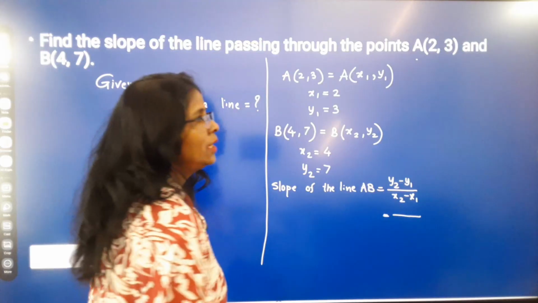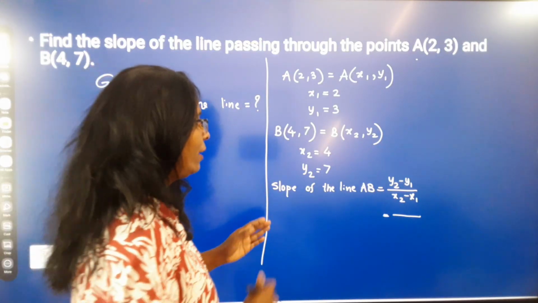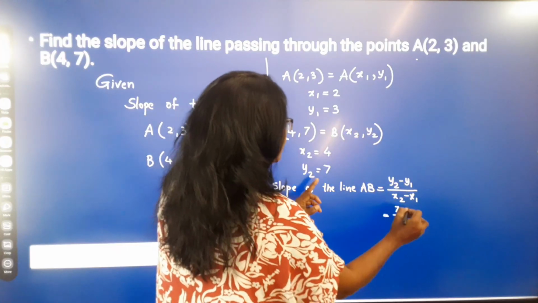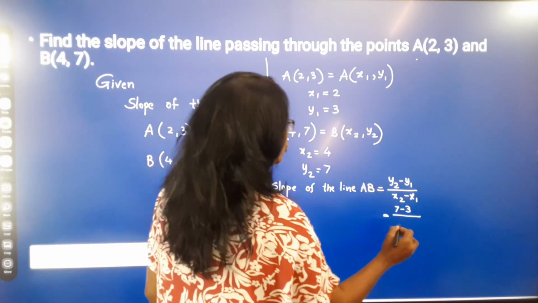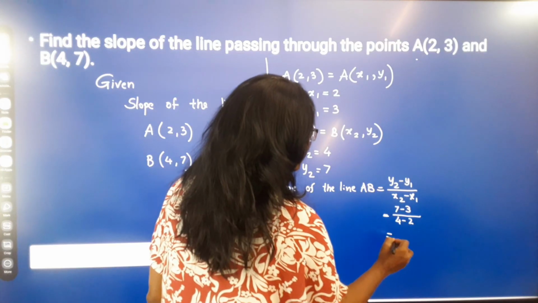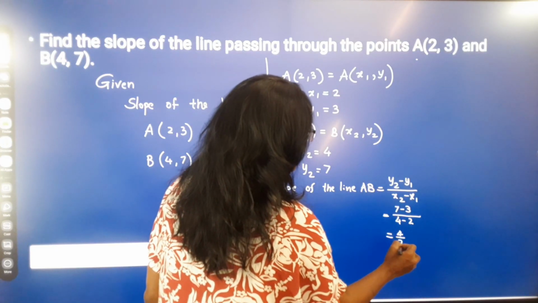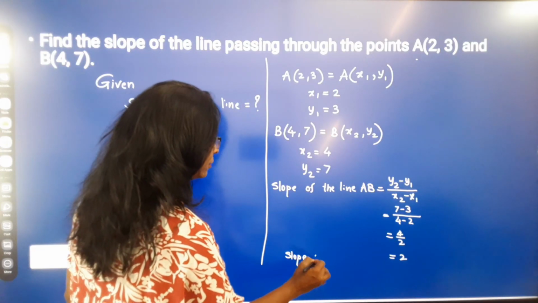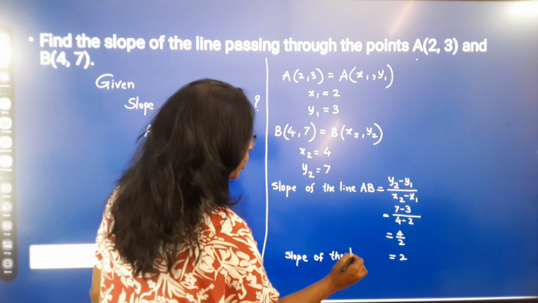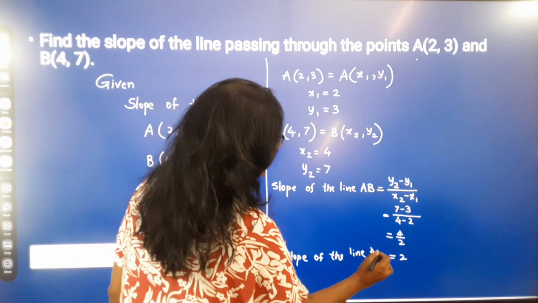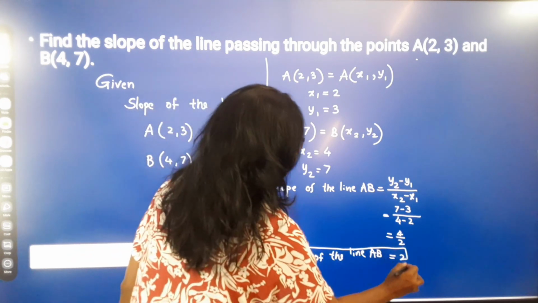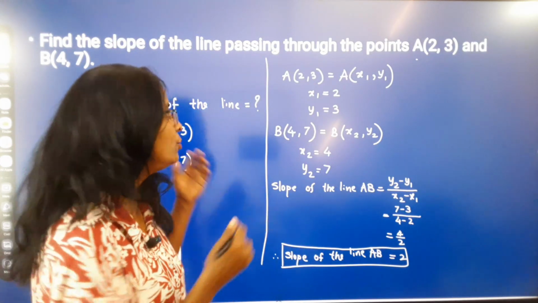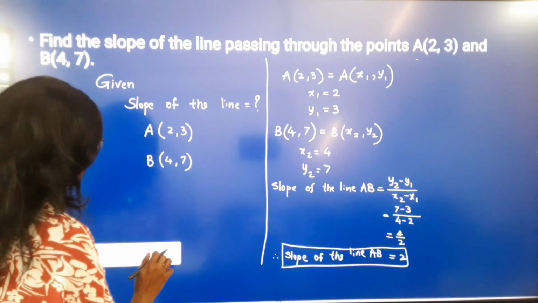Putting the values, we get (7 minus 3) upon (4 minus 2), which is 4 upon 2, that means 2. Therefore, slope of the line AB is equal to 2. This is the way you can find the answer for such examples.